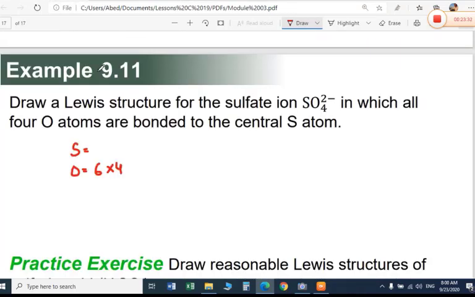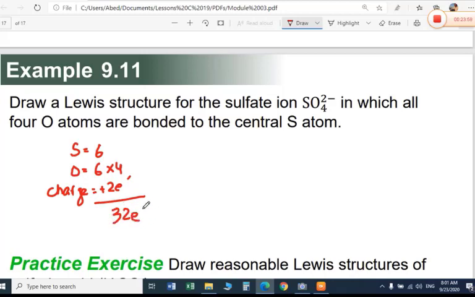Yes, so sulfur is also 6. And the charge is 2 negative. 2 negative means we add 2 electrons. So 2 electrons added. So this will be 6 fours are 24, 30, plus 2, 32. So this will be 32 electrons here.